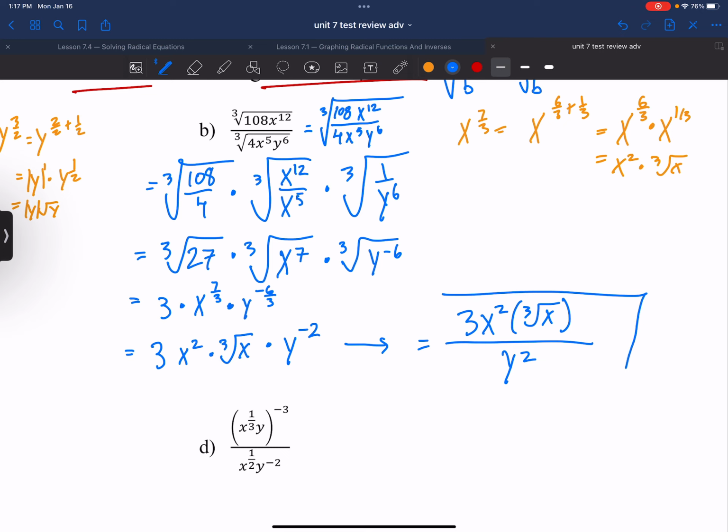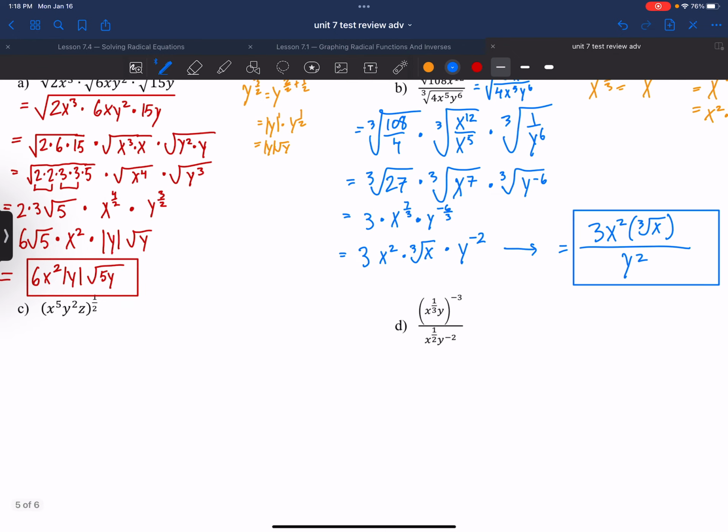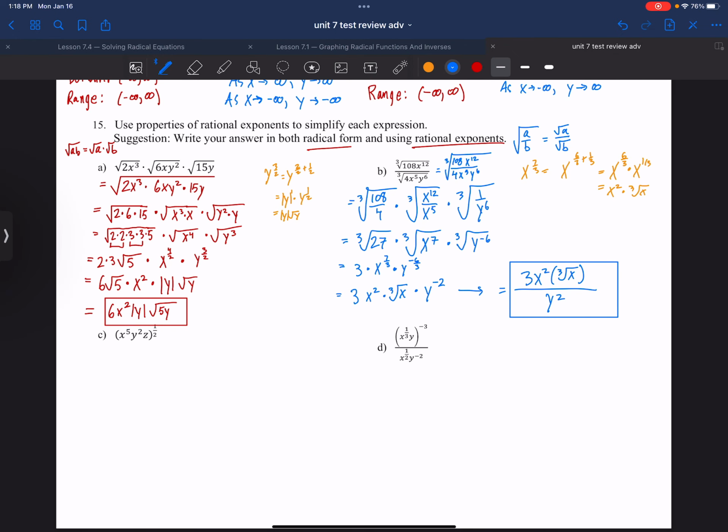And that is my answer. Nice and fully simplified, as simplified as it can be. If you left it as y to the power of negative 2, that's fine. It's just as valid, but I would probably use the expression like this. Okay.